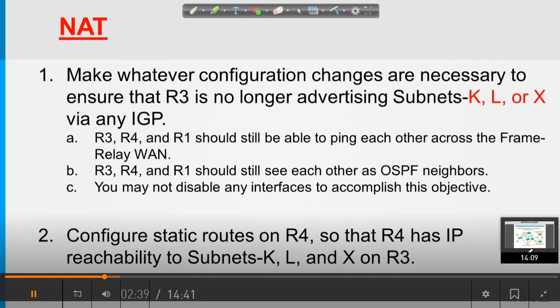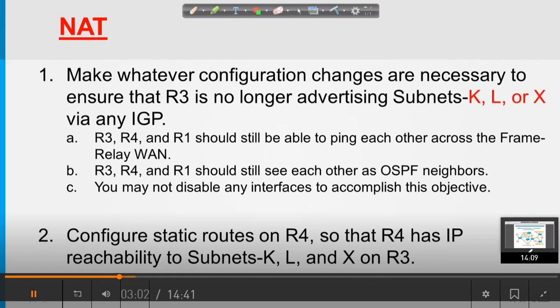Okay, they still should. We didn't do anything to prevent that. R3, R4, and R1 should still see each other's OSPF neighbors. Okay, well, they currently are. You may not disable any interfaces to accomplish this objective. Okay, no problem. All we did was remove the network statements from R3. So we've accomplished 1A, B, and C.